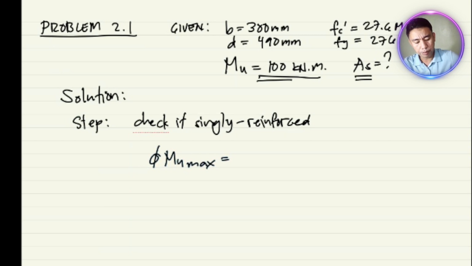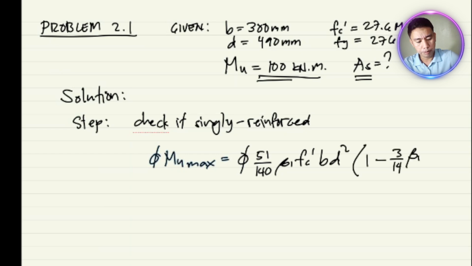We have derived the formula for Mu, that is phi times 51 over 140 times beta 1 fc' b d squared times 1 minus 3 over 14 beta 1. Our phi for the maximum moment condition, we use the formula.